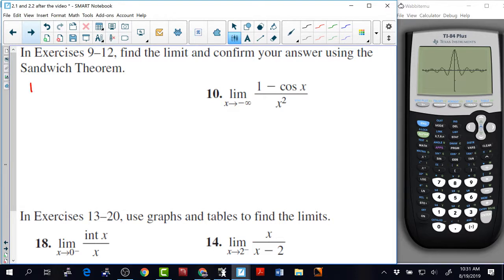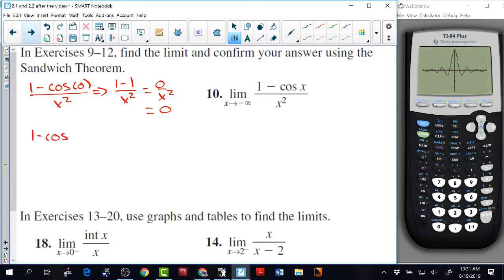So we have 1 minus, well, if we would say cosine is 0 over x squared. So this can be 1 minus 1 over x squared. So here's one of its extreme values, 0. So that function can be 0. When cosine is at its highest value, this one's at its lowest.